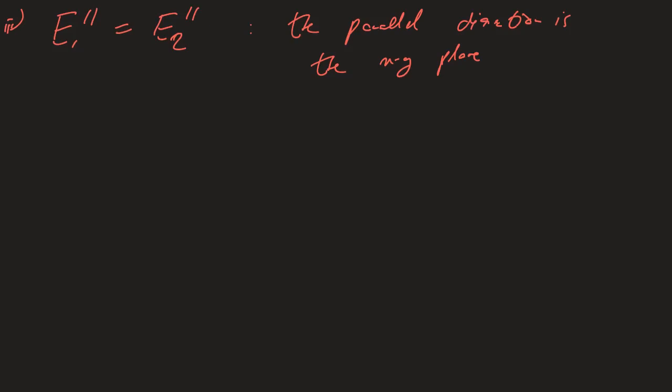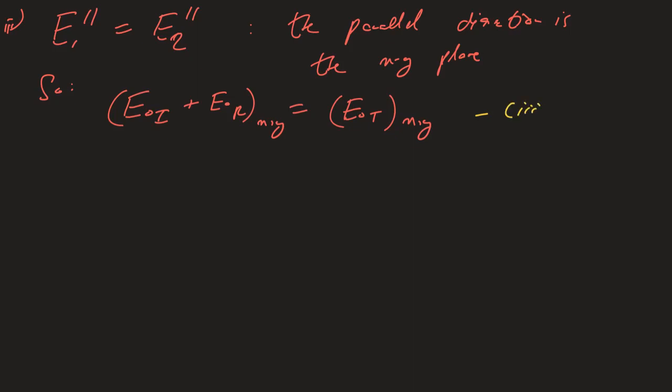So what we have is that E naught incident plus E naught reflected, okay? The parallel component, the xy, is equal to E naught transmitted xy, right? And so this is our third.